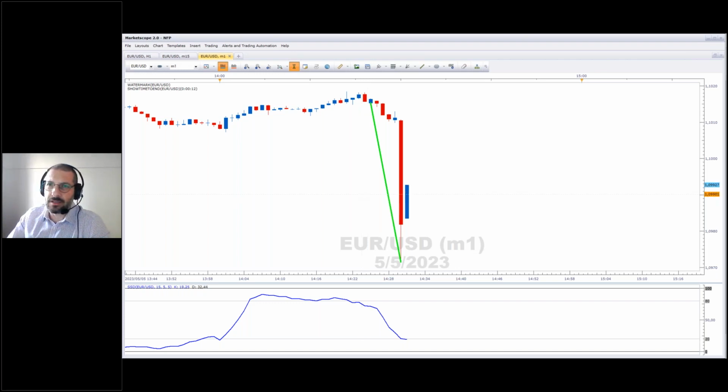Those are big numbers. So the job market really showing resilience. And 253,000 is higher than the previous print, which was 236,000. All right, we're just waiting for the reference candle.